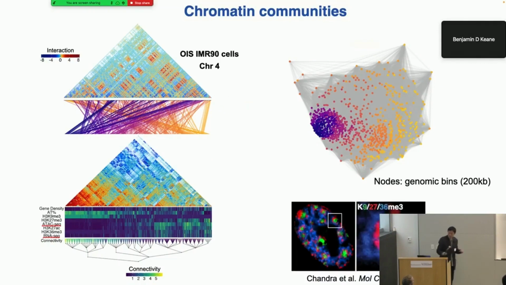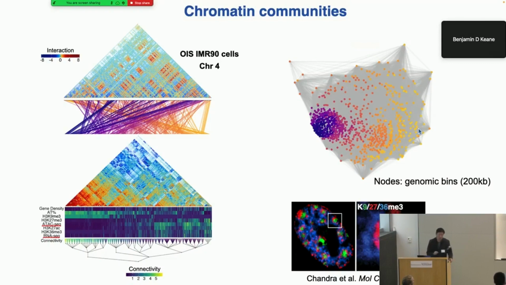Here, this is the heterochromatic marks, almost like lysine 9, surrounded by the same marks a bit farther away. Of course the visualization is deformed and not the same, but conceptually it's quite similar. This happened to be OIS data, but if you look at growing normal cells, it looks pretty similar.